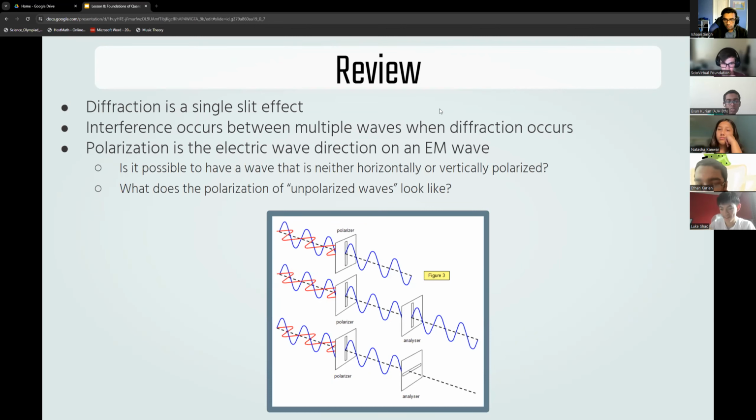Unpolarized waves are just a bunch of randomly polarized waves added together. So you can't really identify if it's vertically or horizontally polarized.